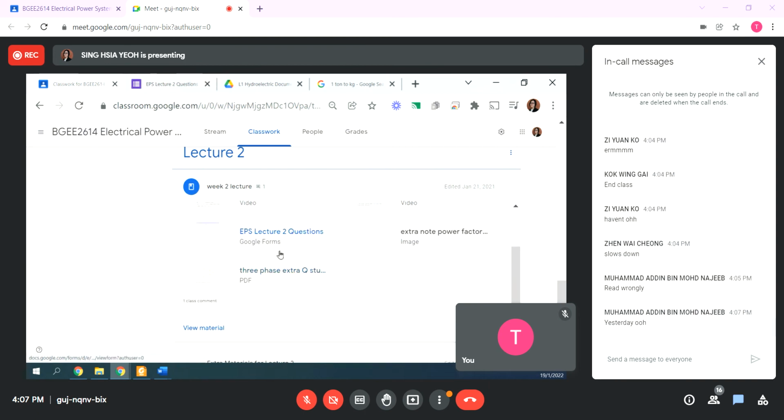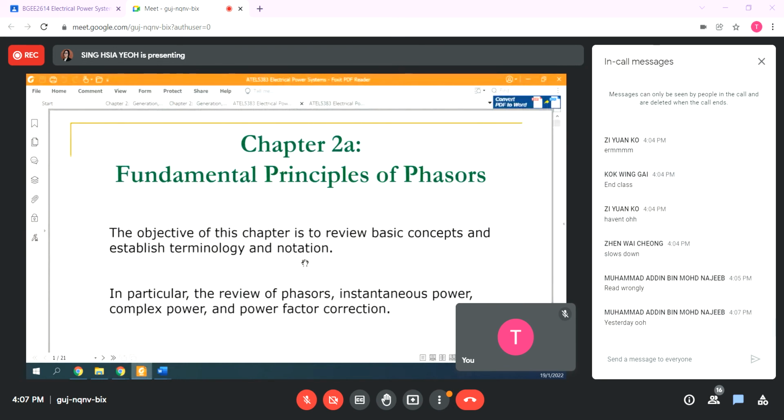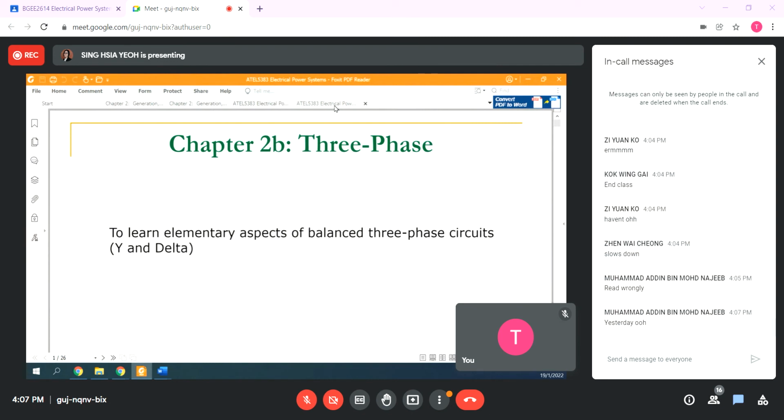Yeah, that's the 3-phase extra questions. You have to do it, and we can discuss next week, plus your tutorial 2. Today I'm not going into tutorial 2. I just plan to discuss the lecture notes for chapter 2A, then 2B, then I end the class. Then you need to complete your tutorial 2 and the extra 3-phase questions.